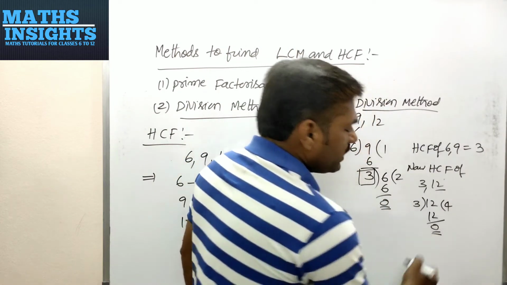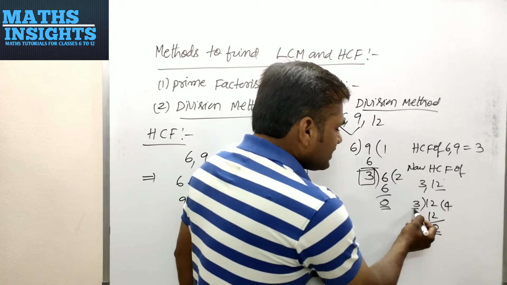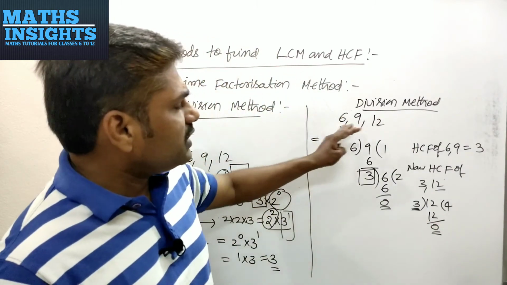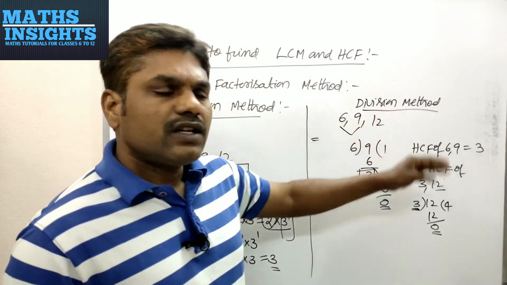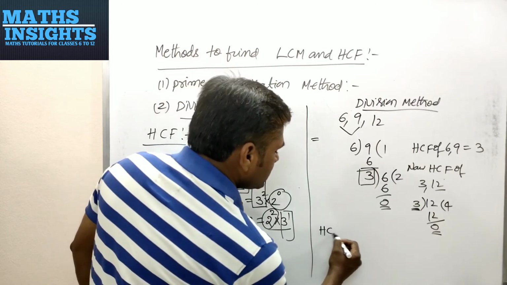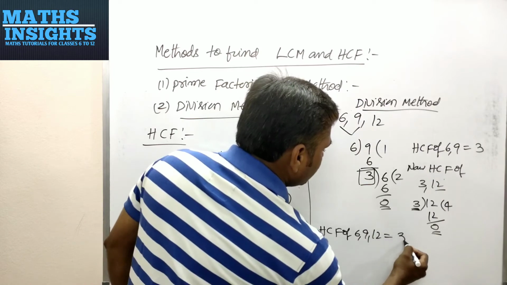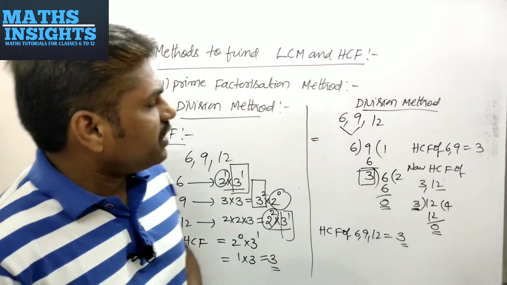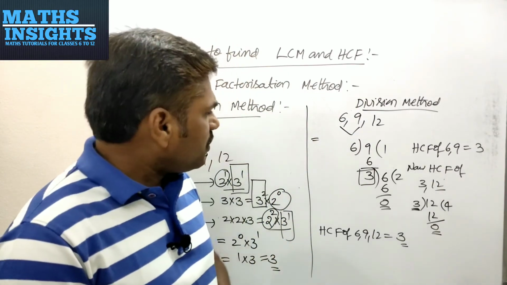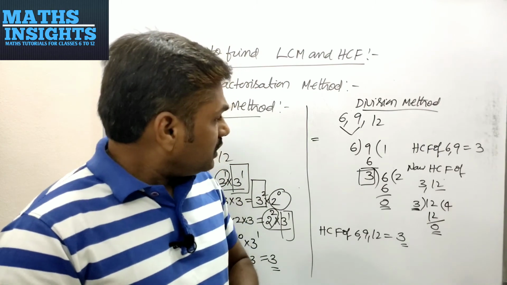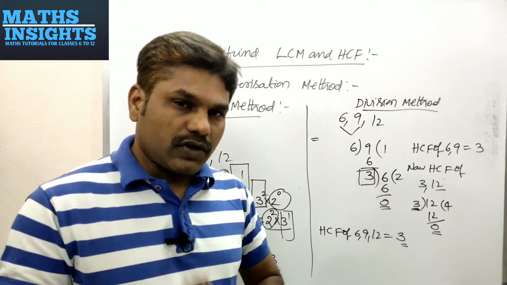So you are getting remainder 0. Therefore, this is the HCF of all the 3 numbers 6, 9, 12. Therefore, HCF of 6, 9, 12 is equal to 3. So in this way, you may find HCF or LCM of 3 numbers or more than 3 numbers.